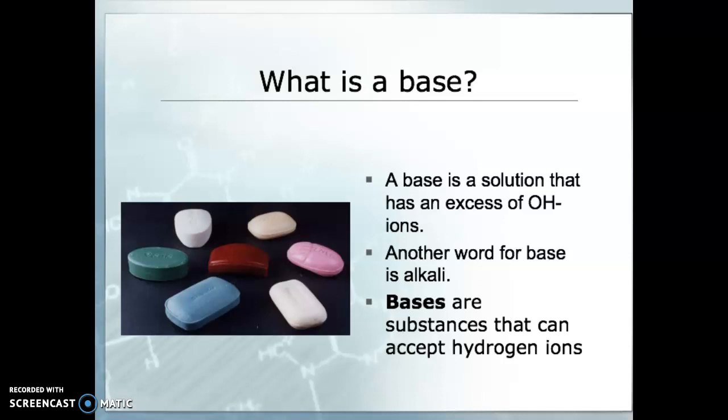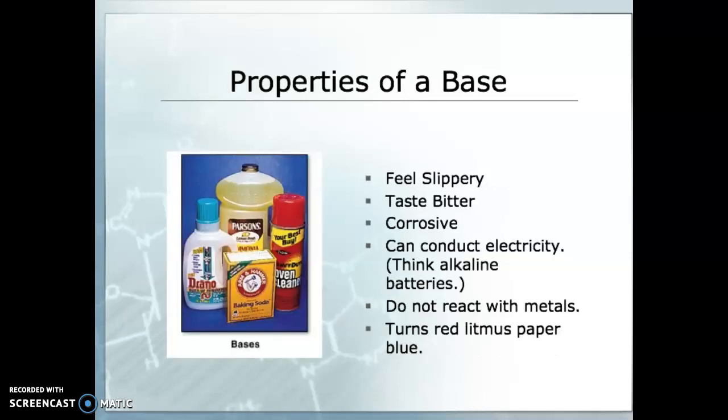Another word for base is alkali, and bases are substances that can accept hydrogen ions. So you have your base, which is the hydroxide ion, and your acid, which is a hydrogen ion, and they can bond together and you easily get water because of that.